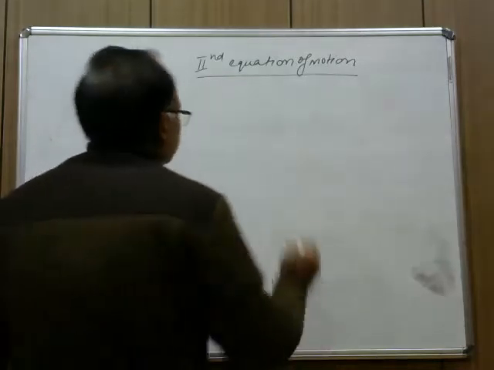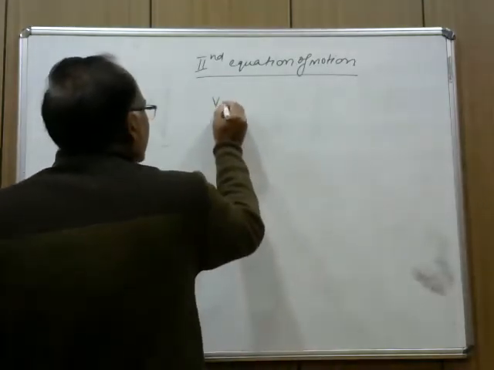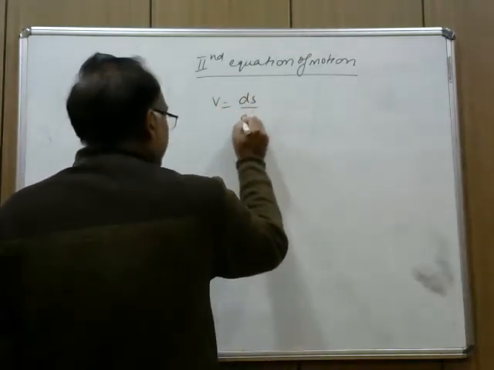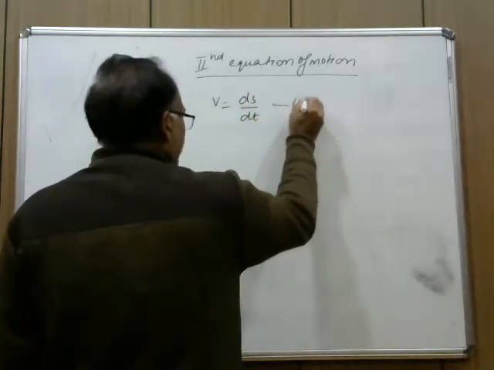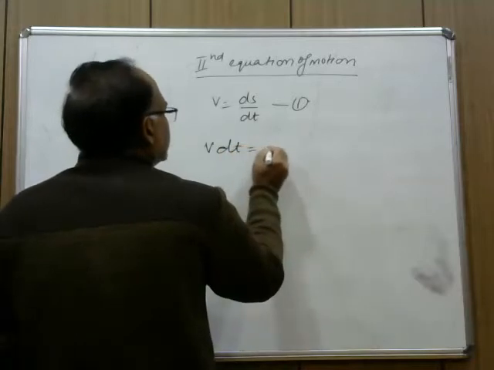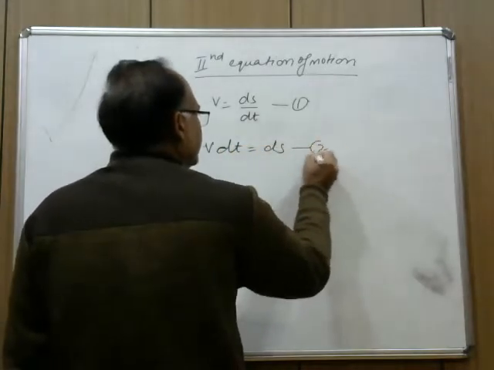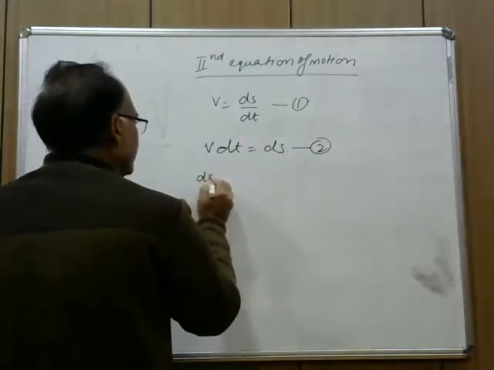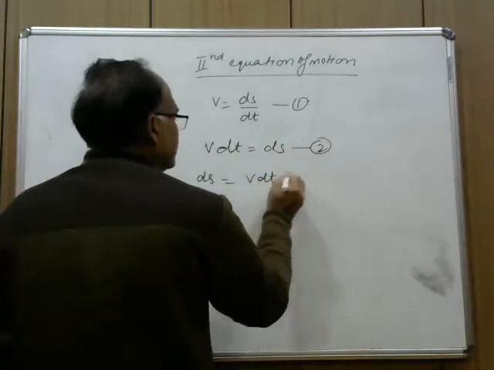Now see this, that we know that v is equal to ds by dt. This is equation 1. Cross multiply this, v dt is equal to ds. This is second equation. Or we can say ds is equal to v dt.